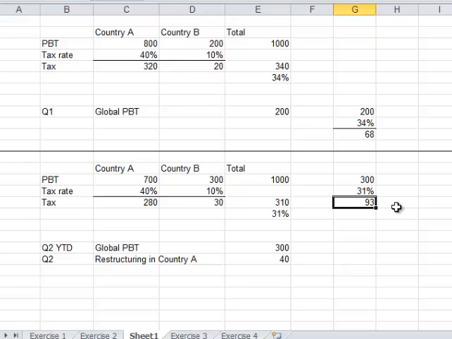So just with respect to ordinary income, I would expect a 93 provision on a year-to-date basis. I already booked 68 last quarter. So that means for this quarter, just related to ordinary income, I need a tax provision of 25. Okay, so this is ordinary income tax expense.